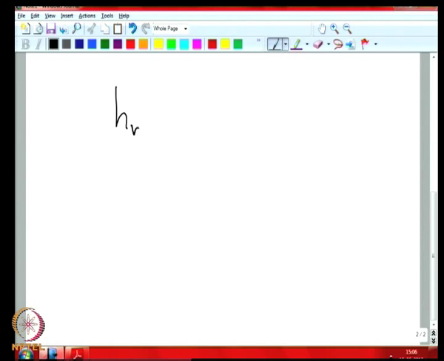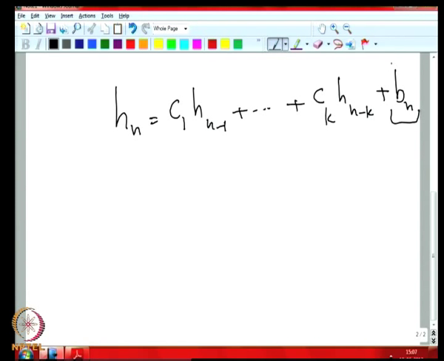We wrote h n equal to c1 times h n minus 1 all the way up to c k times h n minus k. In general, if it is just linear and not homogeneous, we can also have a b n here. In the homogeneous case we do not allow this b n, so b n has to be 0. In the non-homogeneous case b n can be non-zero.